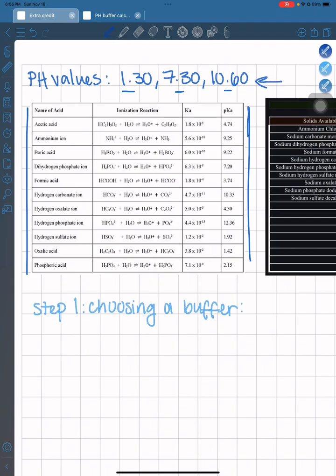Looking at the side right here, I can see that the closest pKa value to my 1.30 pH value is oxalic acid with a pKa of 1.42. Same with 7.30, I can see that 7.20 is the closest value to my pH. And then 10.60, 10.33 is the closest value in this table to my pH value.